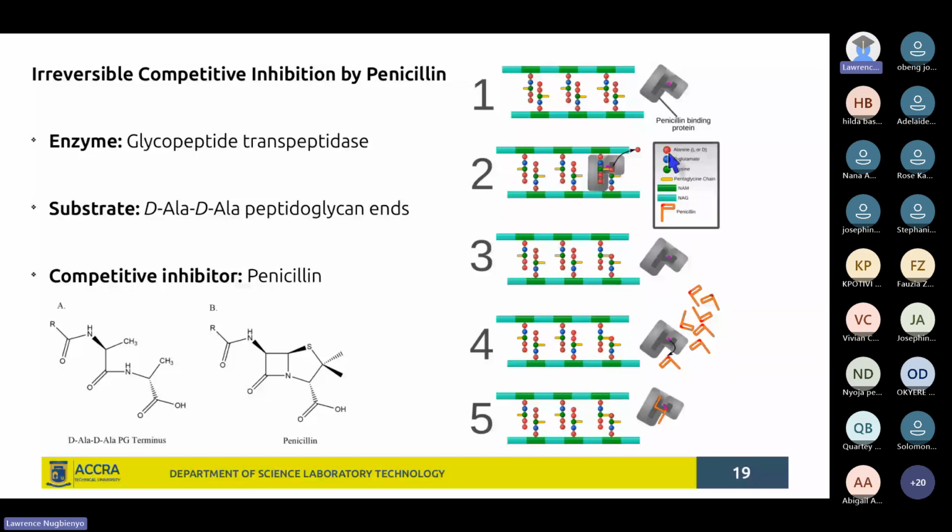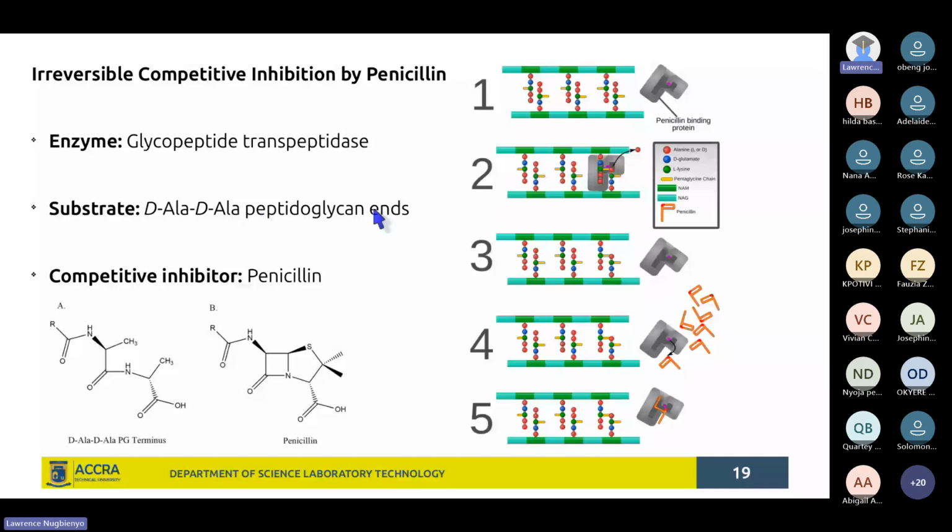So those are the ends that fit into the enzyme active site. That's why it is referred to as the alanine peptidoglycan ends. Which is to say that penicillin has a similar structure to those alanine peptidoglycan ends.